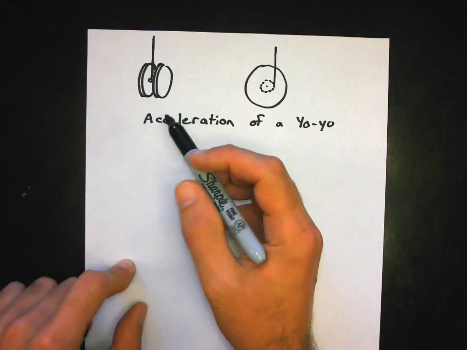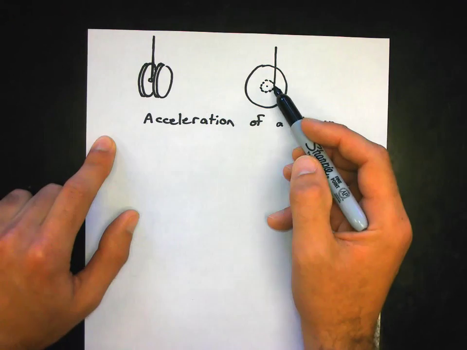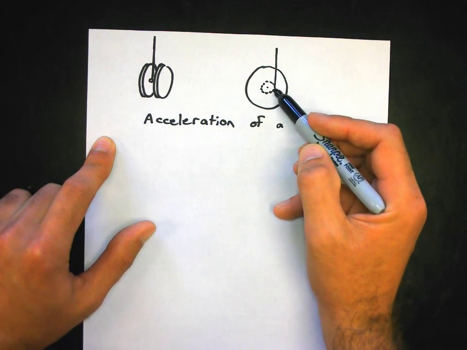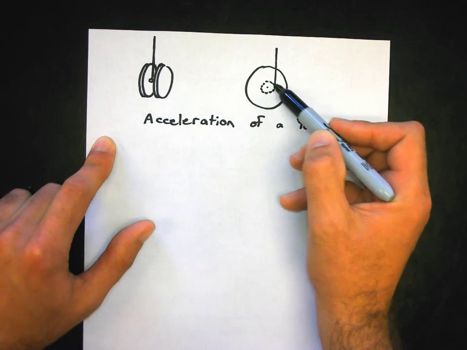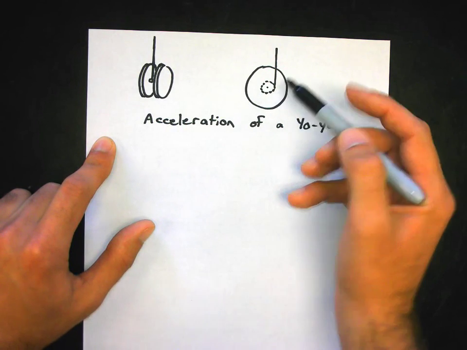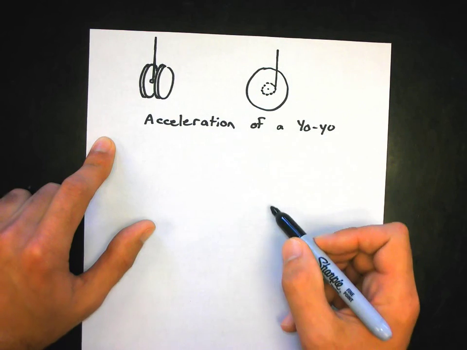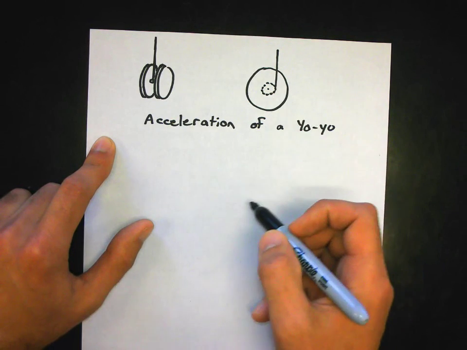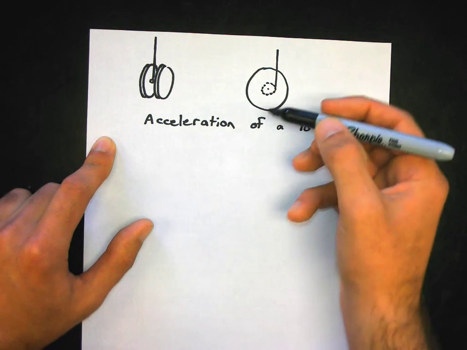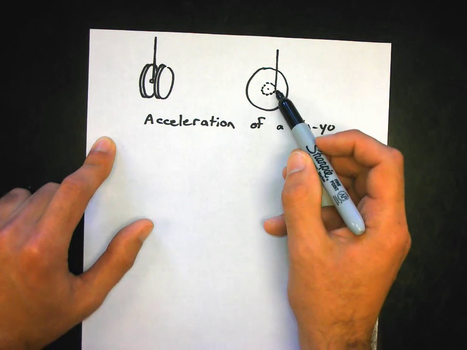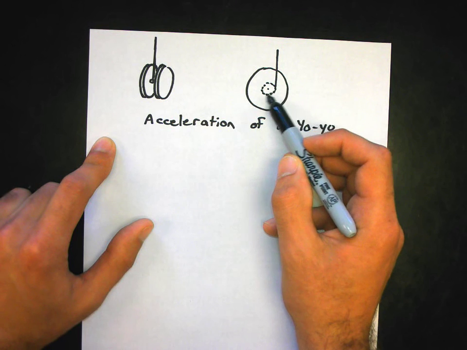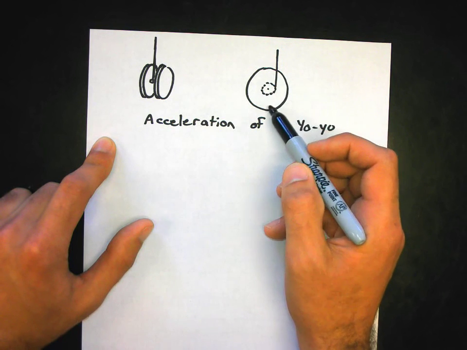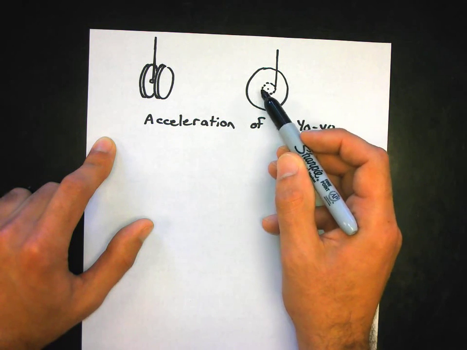And so first we got to think about how a yo-yo works. The yo-yo has the string wrapped around that center cylinder, and as the yo-yo rolls down, it starts to gain angular speed, gain linear speed also. But we can think about that string isn't slipping around that cylinder.